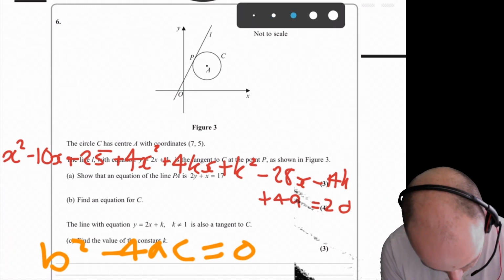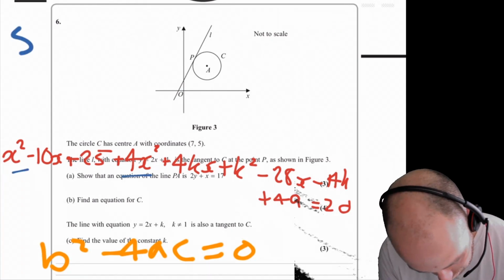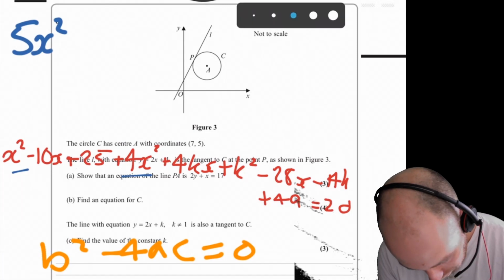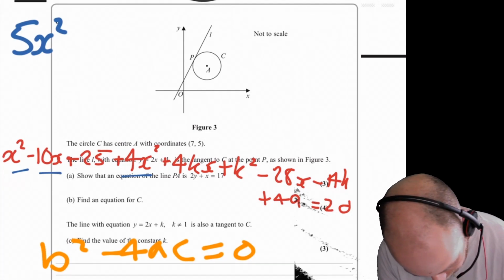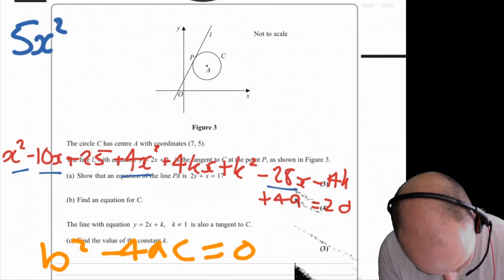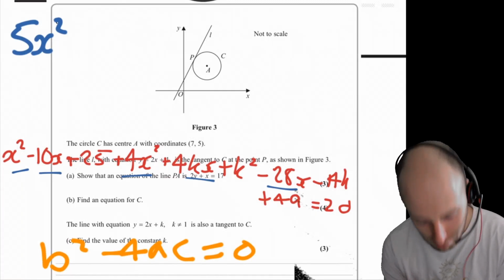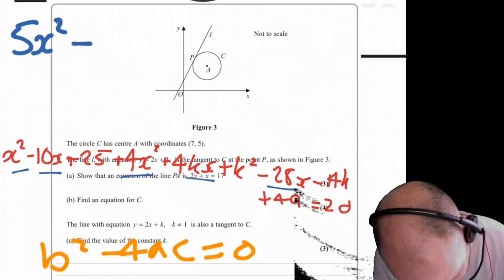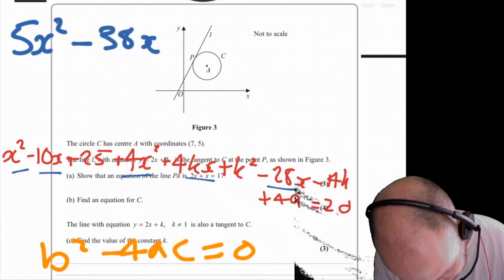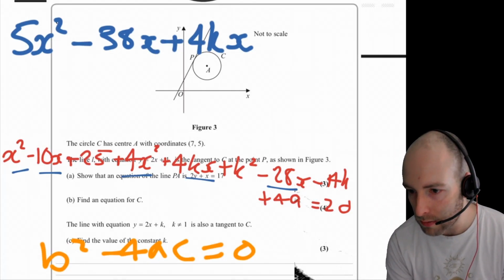So x squared terms, we have 4x squared and x squared, so that gives me 5x squared. X terms, well, we have minus 10, minus 28, and 4kx, so that gives me, I feel like this might be wrong, but we'll see. If Dan, if you got different to this, let me know. Minus 38x plus 4kx, there's my x terms together.